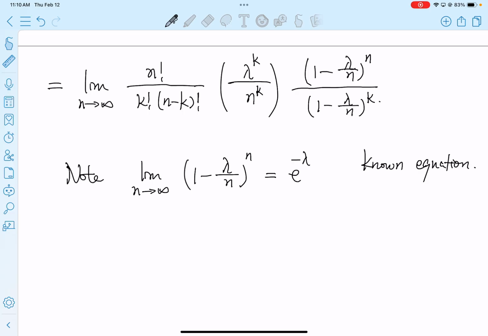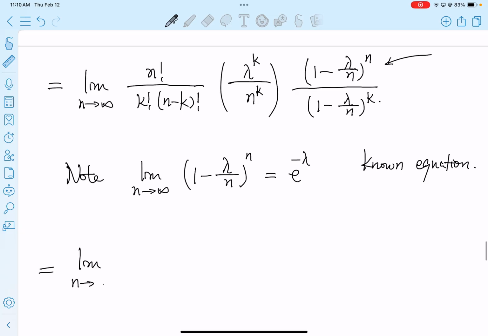The thing that goes to infinity for 1 minus lambda over n is the thing here on the numerator. So we are going to use the known equation to replace the thing on the numerator here. Then continue on our expansion.